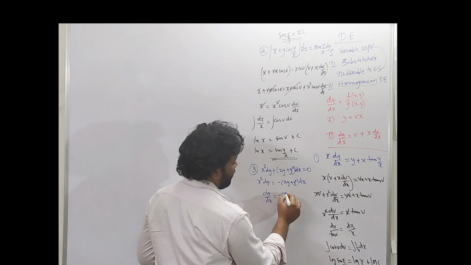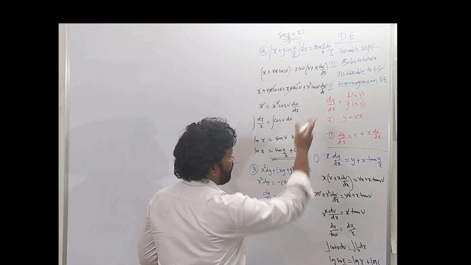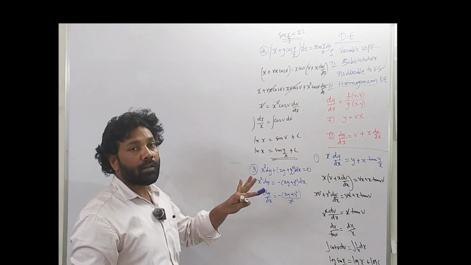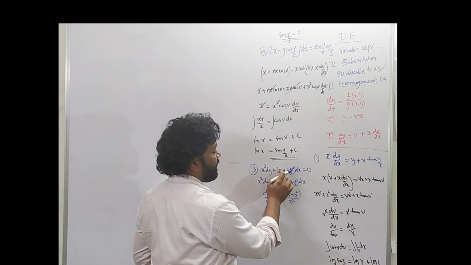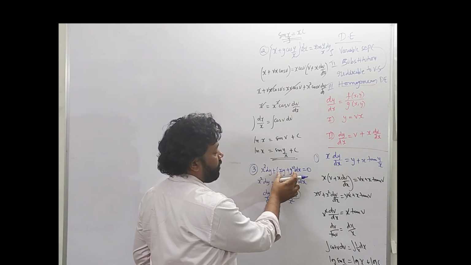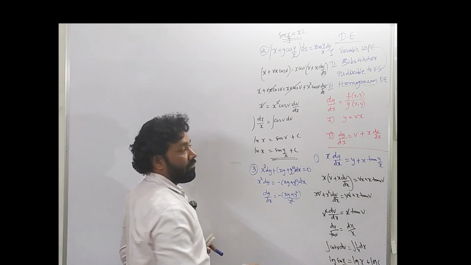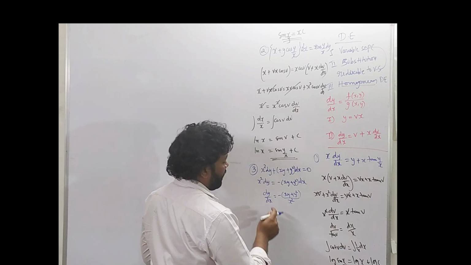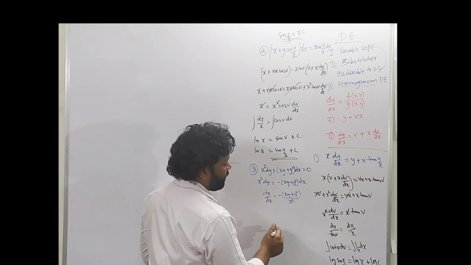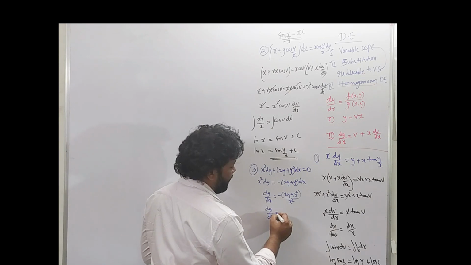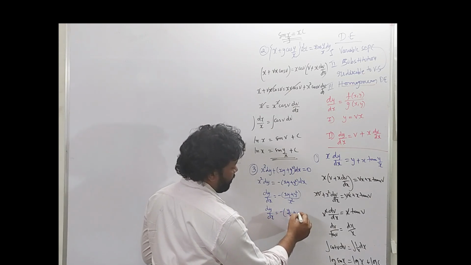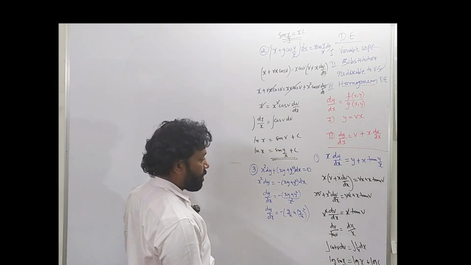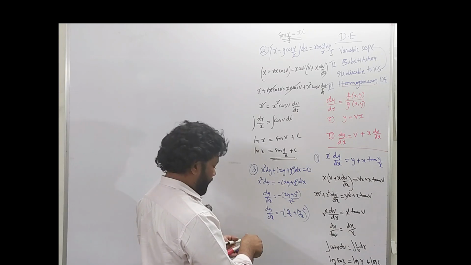You can try it by shifting, and after that also you can use this substitution. Either in the beginning itself, if you can identify, you can use the substitution, but here you can see the x and y, this complete function, it is a collection of x and y in multiplication format, so for sure it belongs to the homogeneous type. And even after solving a few steps, we get to know that yes, it is y by x plus y by x whole square. It is a homogeneous type of function. Not possible to separate. So we'll use our substitution.